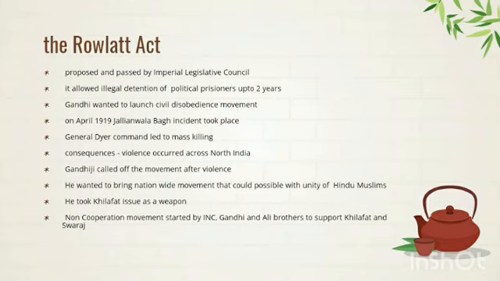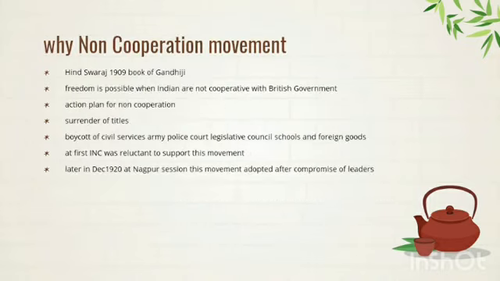Okay. Next, we'll move to why the non-cooperation movement. During the Rowlatt Satyagraha, Mahatma Gandhi felt that he needed to launch a wider movement in India. But he was sure that no such movement could be organized without bringing Hindus and Muslims closer together.